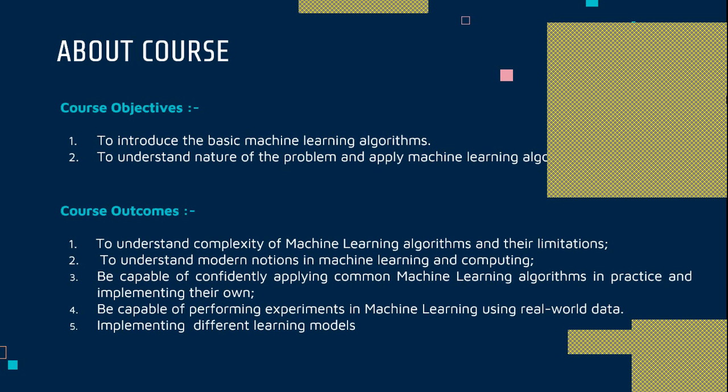After completing this course, you are able to understand which algorithm you have to implement for which problem, because you know the limitations of the algorithms. And you are also capable of applying machine learning algorithms in practice. During the practical sessions, you have to implement the various machine learning algorithms. We are trying to implement the maximum number of machine learning algorithms during the practical sessions.